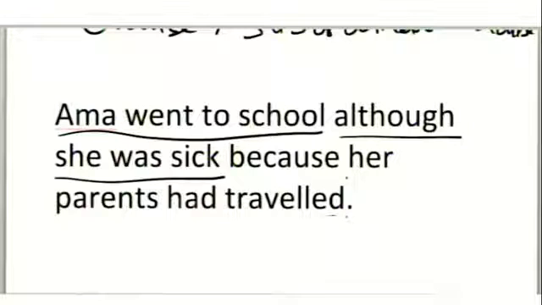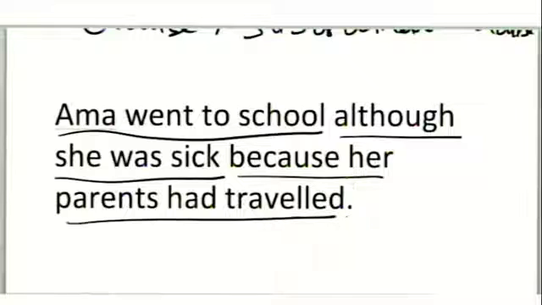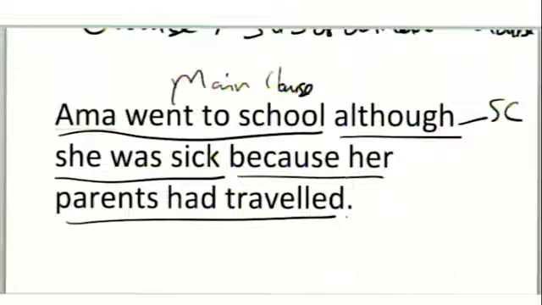So here you see we have two subordinate clauses. This is our main clause. This is one subordinate clause. And then that is another subordinate clause. I hope it is clear. So these are the two major clauses, a main clause and then a subordinate clause.